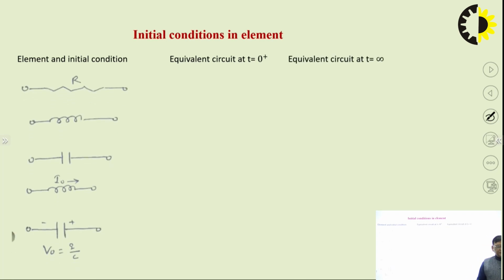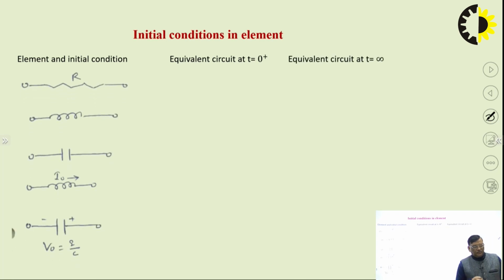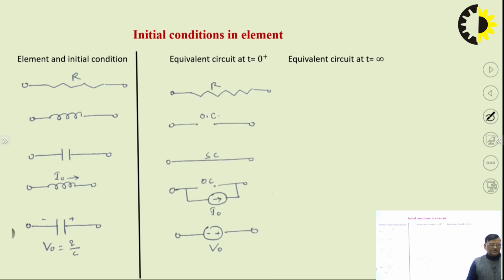So, at t equal to 0, how can we represent the inductor and capacitor with and without initial conditions? At t equal to 0, the resistor does not have any change, so it is the same R, whereas L is replaced by an open circuit.